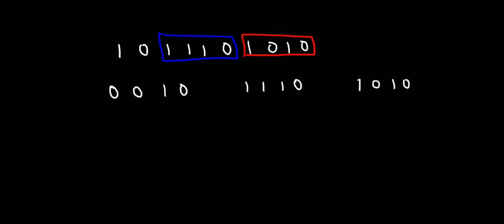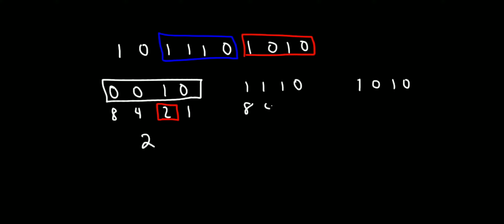0 0 1 0, 1 1 1 0, 1 0 1 0 it is, and again write 8 4 2 1, 8 4 2 1, 8 4 2 1. Now wherever it is 1 that we will consider, so in this only 2 we will consider, rest others are 0, so only 2 will be considered.